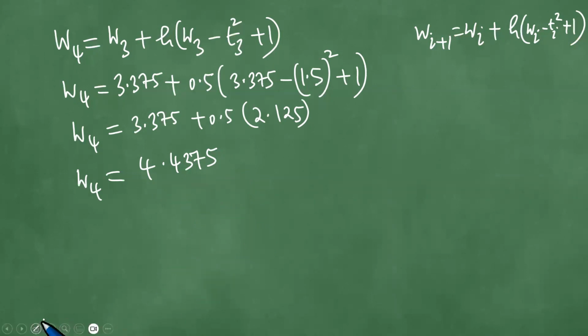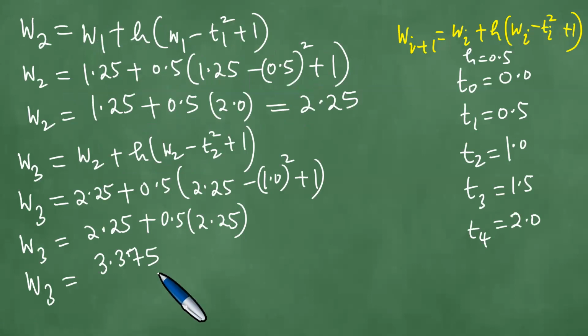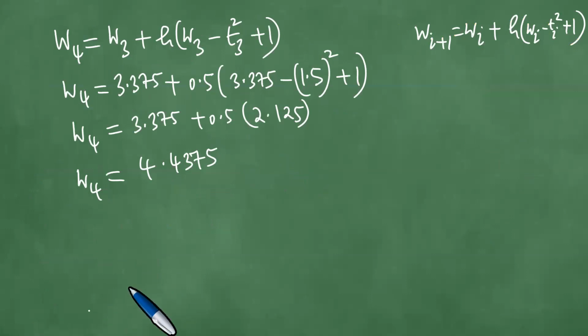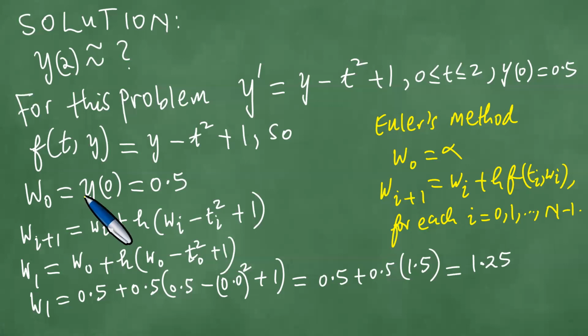Right, so what is the meaning of these in terms of what we have got? A couple of things we are able to analyze, because now if we get, for instance, W0, I want to mention something about W0. We saw that W0 was given by alpha, but W0 is Y0, which is 0.5.